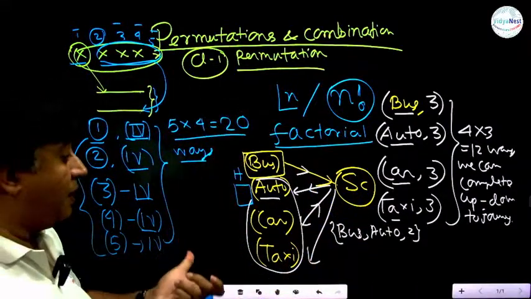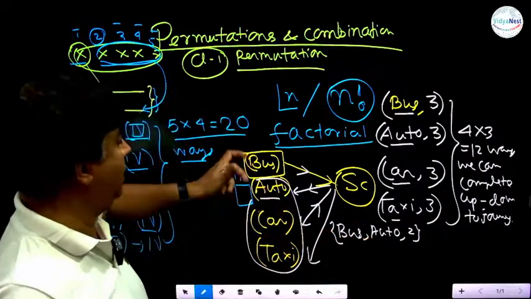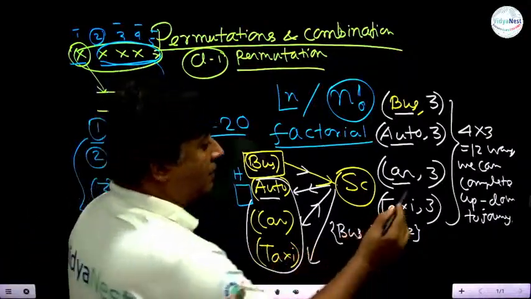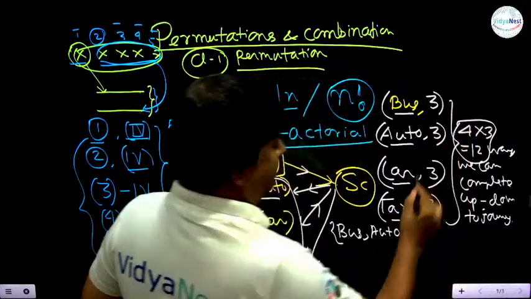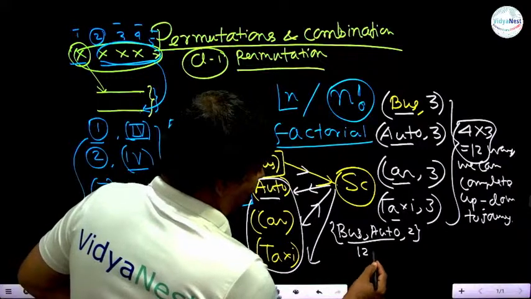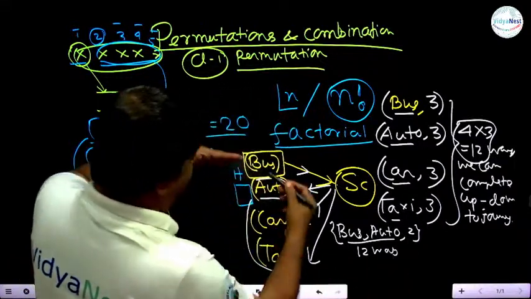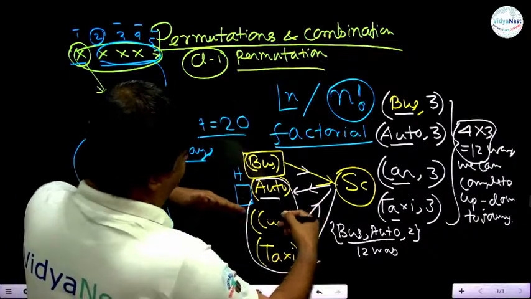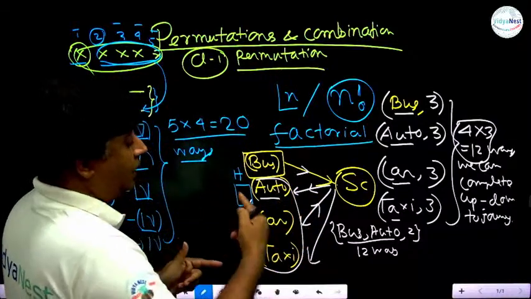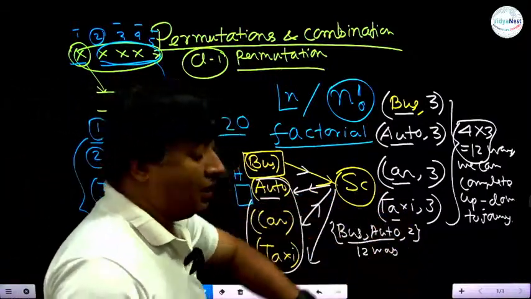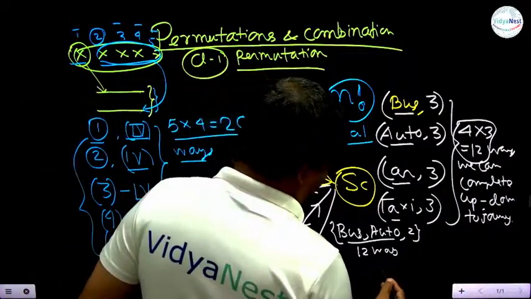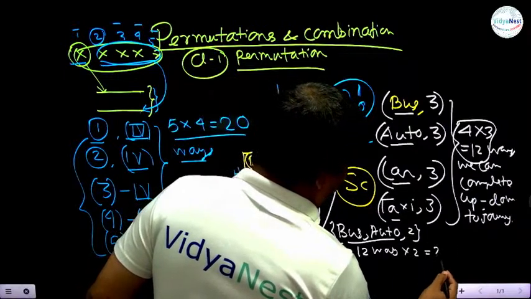Now you can tell me, that arrangement, bus and auto, I could have chosen in how many manners? That already you have got 12 ways. So each of these 12 ways, means bus auto, auto car, car taxi, taxi bus, in this way, with each of these 12 ways, there will be two options to go to your school again. Up, down, up. So total 12 into 2, 24.